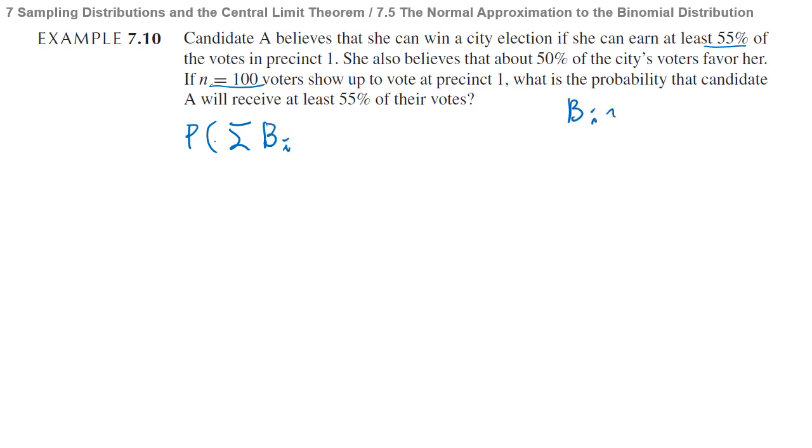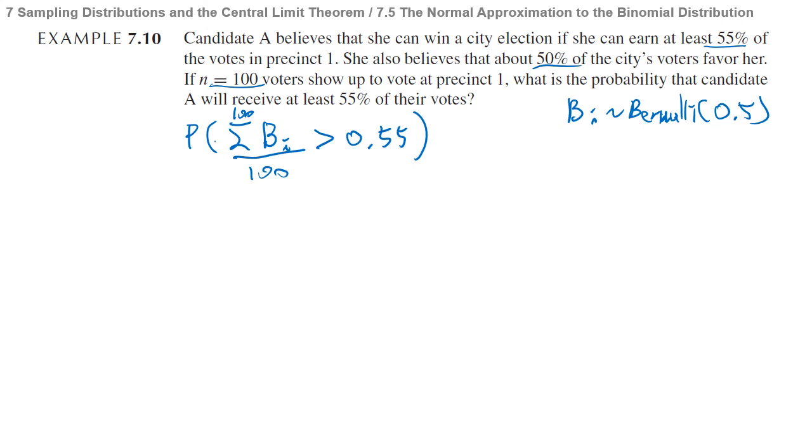Bi follows a Bernoulli distribution with p, which is about 0.5, and we have 100 voters, and we want to find the probability of this exceeding 0.55. Okay, and how can we apply the central limit theorem?